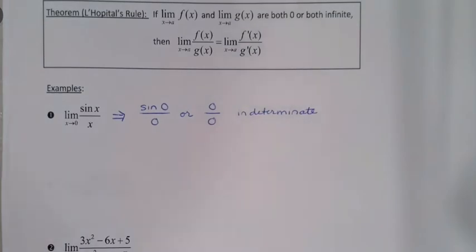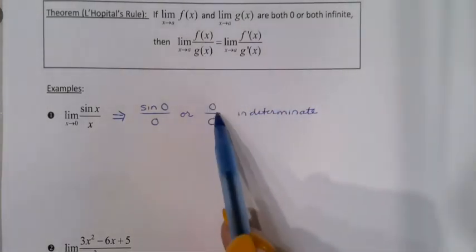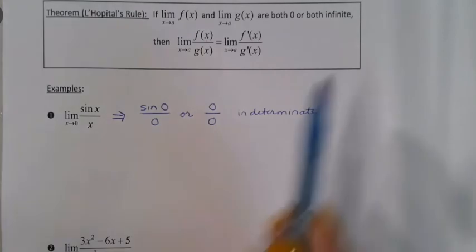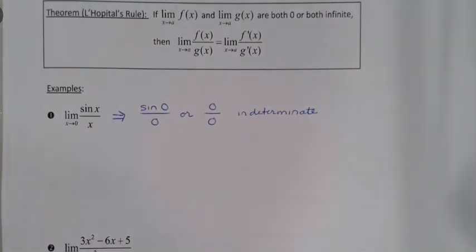Not only is it indeterminate, but it's one of the two cases where we're allowed to use L'Hopital's rule. We said either both 0, which is what we have, or both infinite, which we'll see an example of in a little bit. So it's a L'Hopital's rule form.